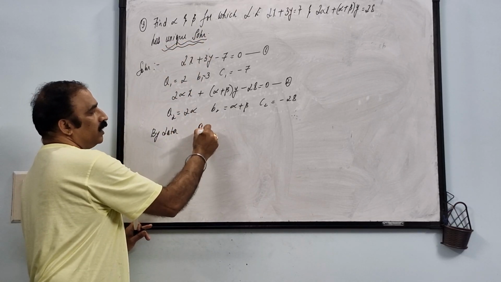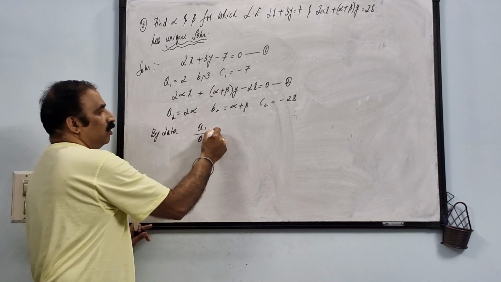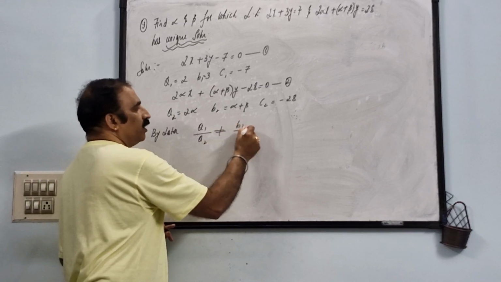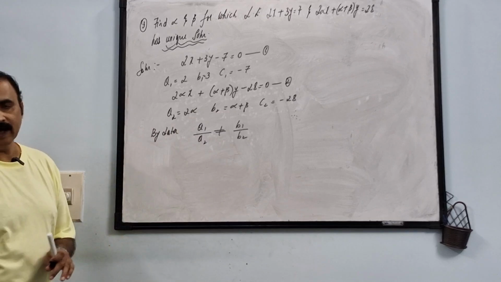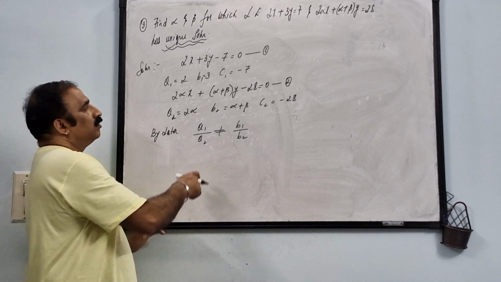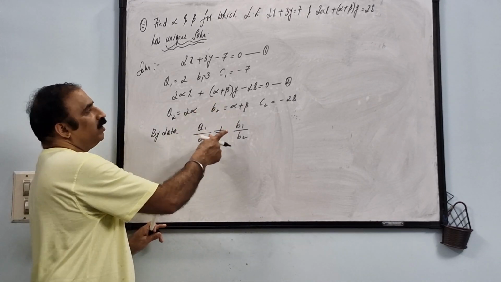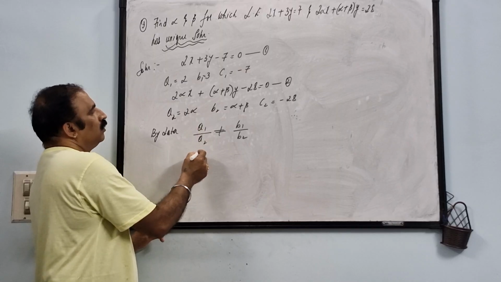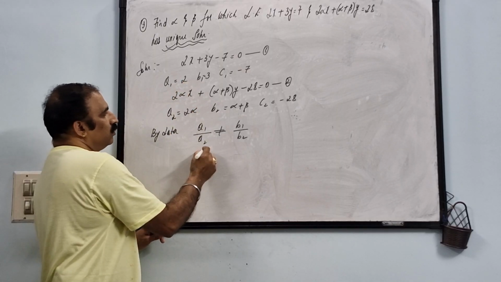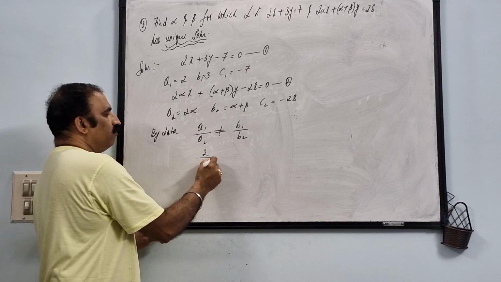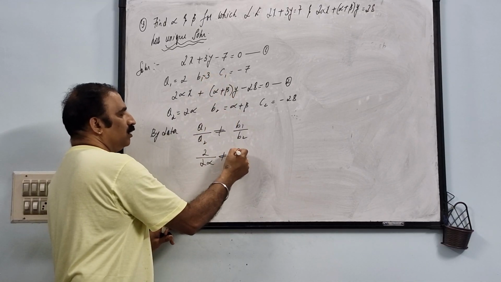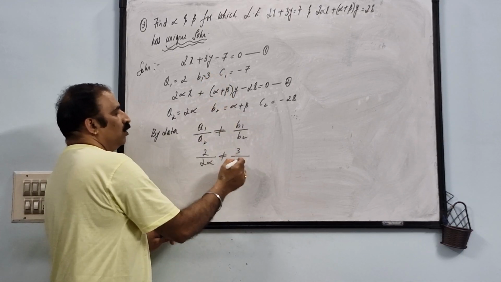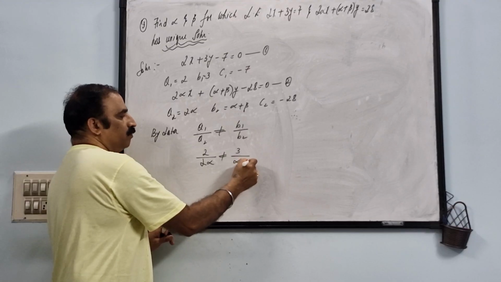So the unique solution condition is a1 by a2 is not equal to b1 by b2. It says not equal. That means a particular value, if you take it up, is not going to satisfy the equation. Other than that value, you are going to satisfy the equation. So a1 is 2, a2 is 2 alpha, not equal to b1 which is 3, divided by b2, which is alpha plus beta.